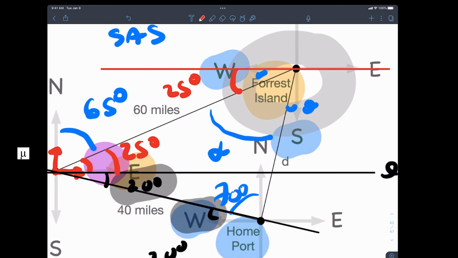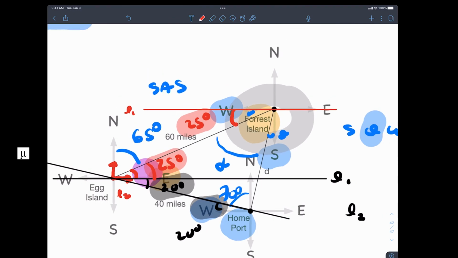Okay, you guys okay with that? So this is a transversal. Transversals are a big deal because what you're saying is this 25 and this 25 are the same because you created a transversal, because L1 and L2 are parallel. You guys with me on that?